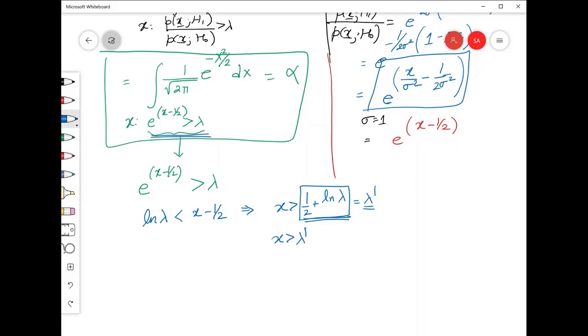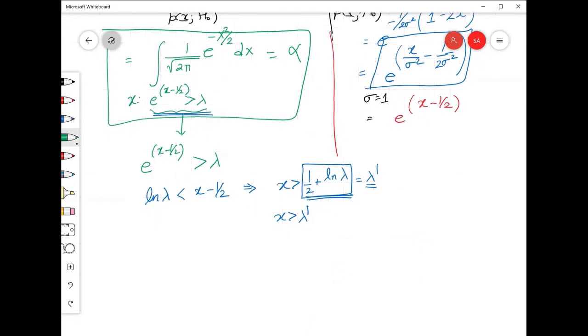Okay. So what I can do is write this expression, probability of false alarm, as the integral from lambda hat to infinity of 1 over under root 2 pi e power minus x square over 2 dx. This is equal to alpha.